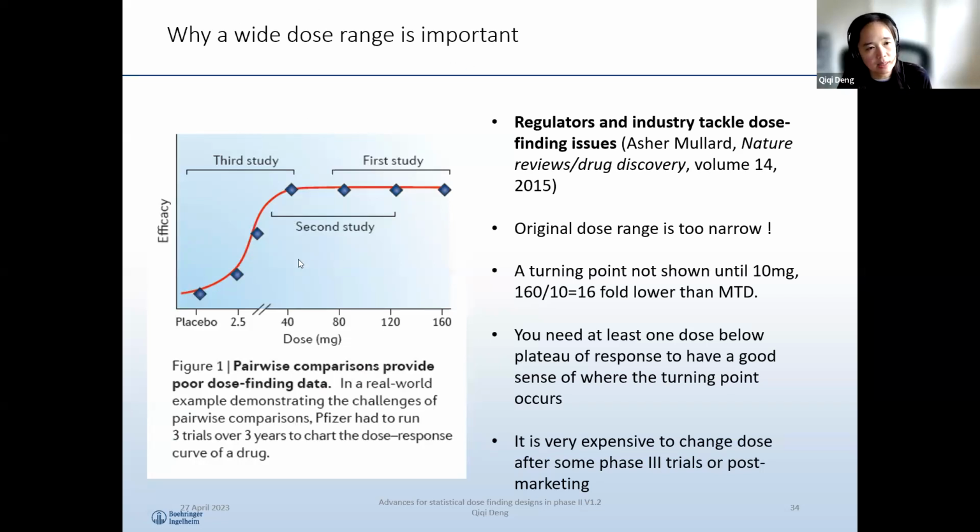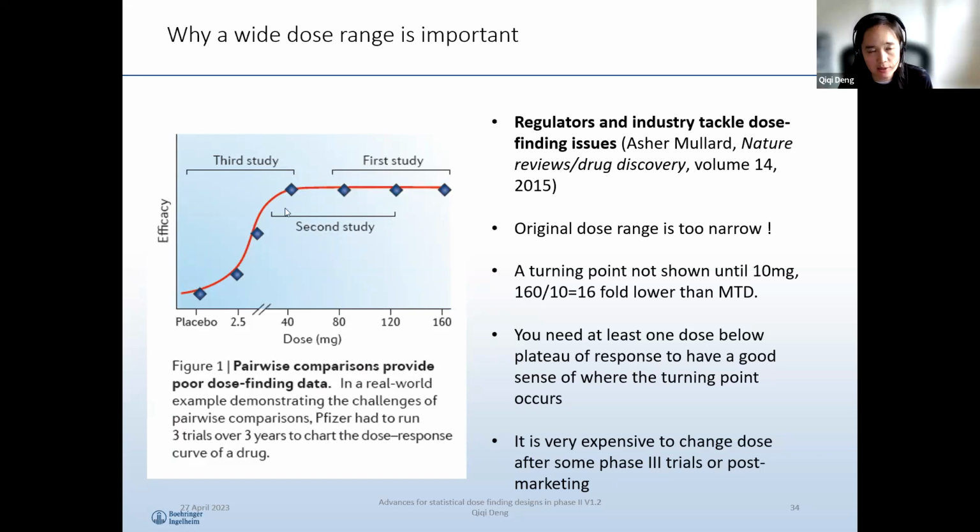This is one of the examples in a phase 3 study conducted by Pfizer many years ago, where they explored a few doses in the first study, and then found out all the doses are similar.